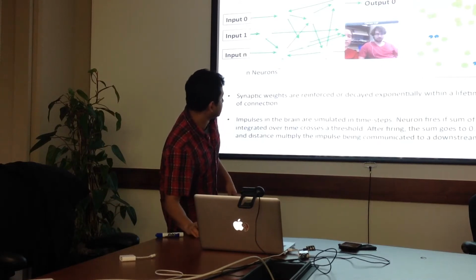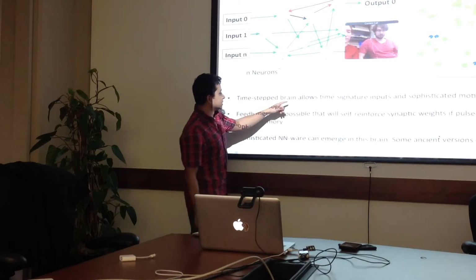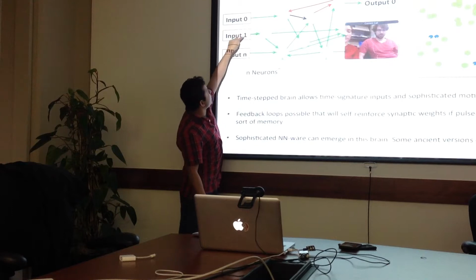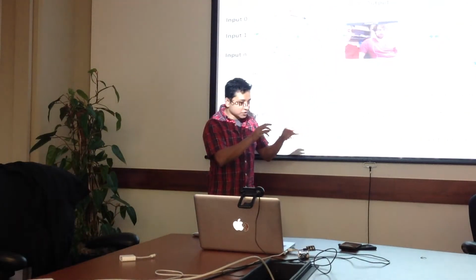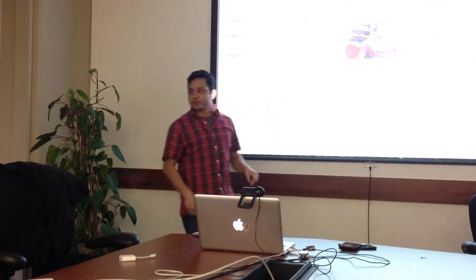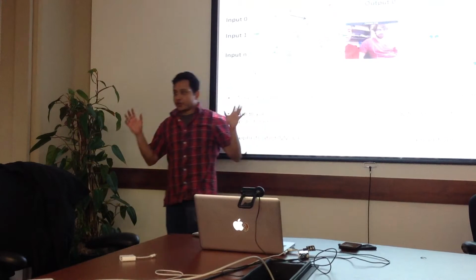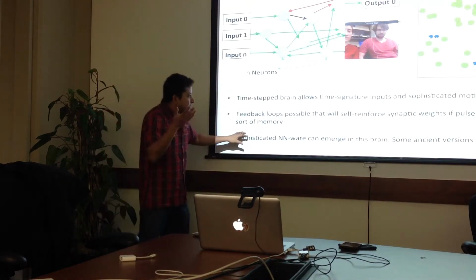The time-stepped nature allows time signature inputs and sophisticated motions. You can have a time signature input like 0, 1, 0, 0, 1 that means something to the brain, and output 1, 2, 3, 4 means a certain kind of motion to the brain. Also, feedback loops are possible inside the brain because they are generated completely randomly, which I think is some sort of proto-memory.